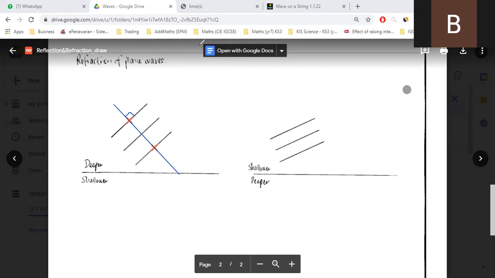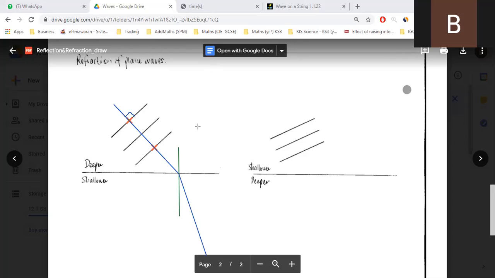Now, second, draw the normal. So the normal is the green line, like this. Then from deeper to shallower, the speed decreases. When the speed decreases, it will bend towards the normal. So my blue line like this.